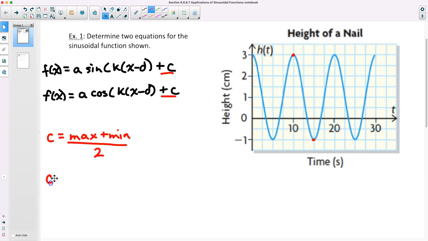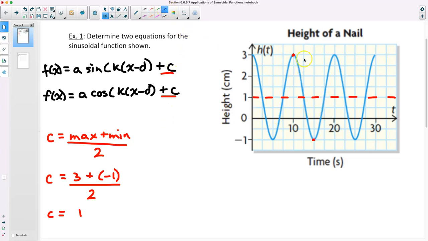So in this case, our c value is going to be 3 plus negative 1, divided by 2, and that's going to give us a value equal to 1. So right here at this value of 1 is where the axis of curve is. It's going to be split exactly in half.